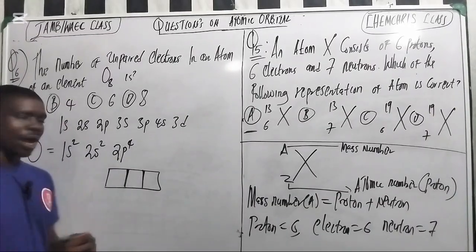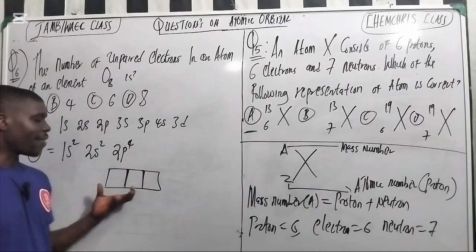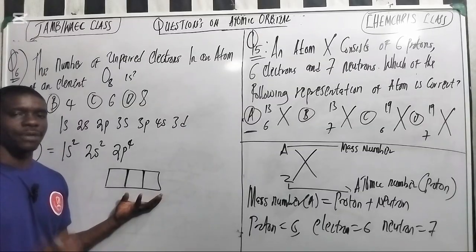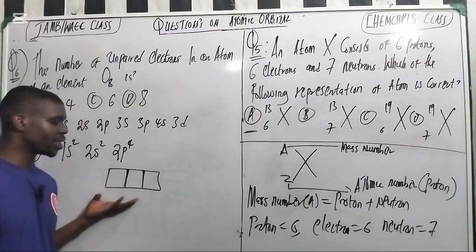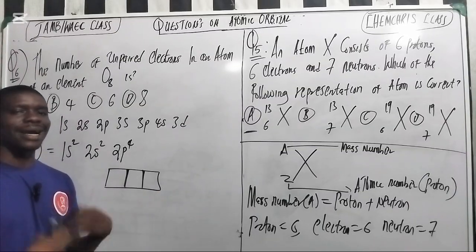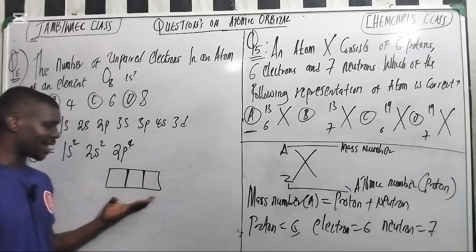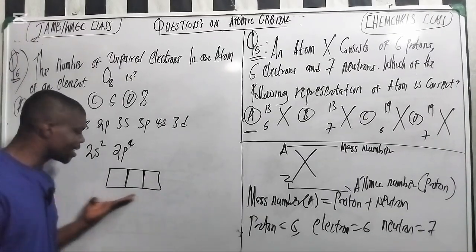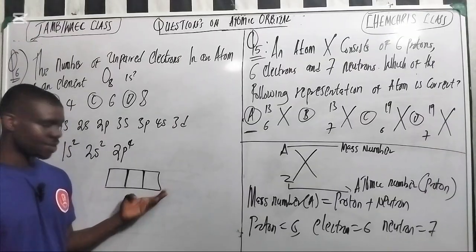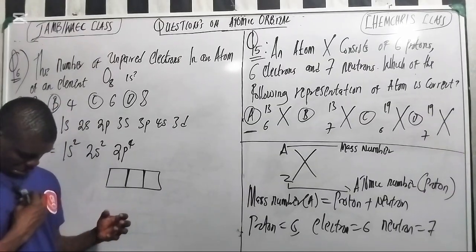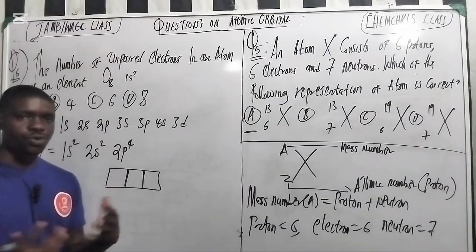How many electrons do you have here? You have 4. Now, when you are filling electrons, which rule guides the filling of electrons into degenerate orbitals, like orbitals with the same energy level? That rule is called Hund's rule.